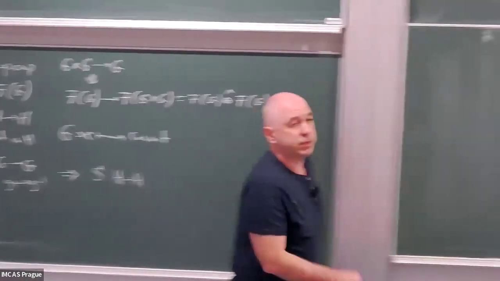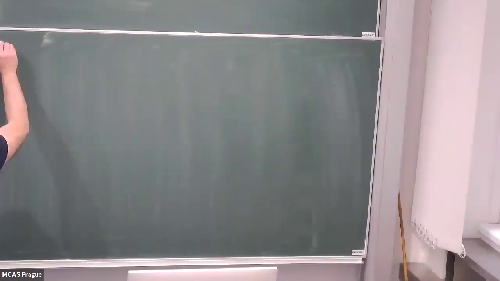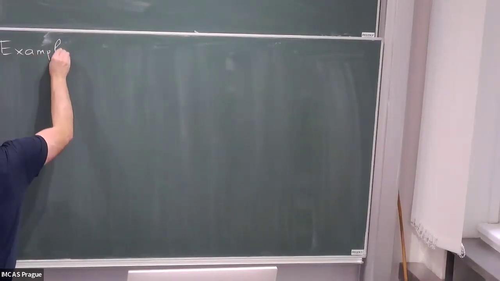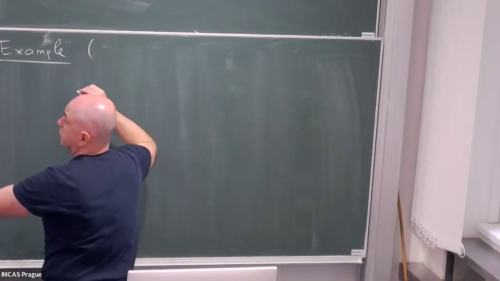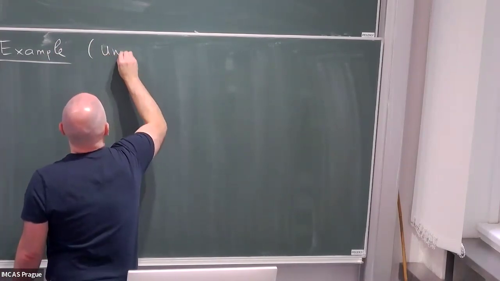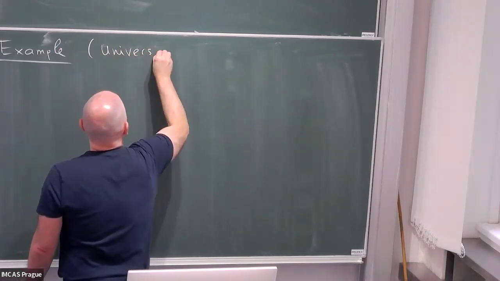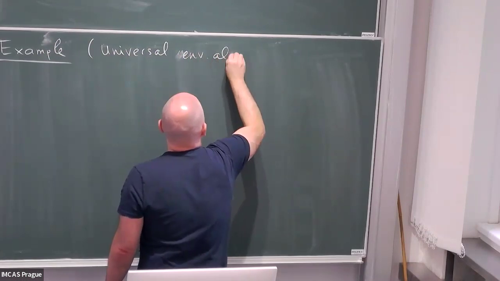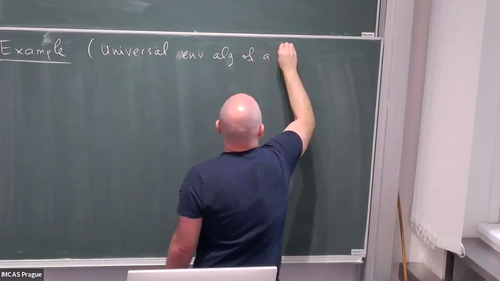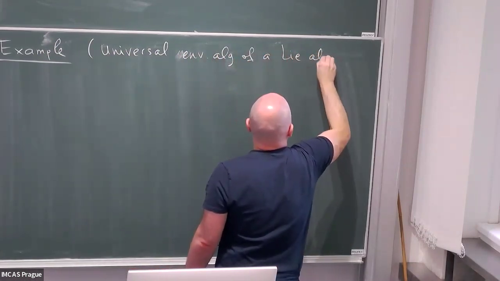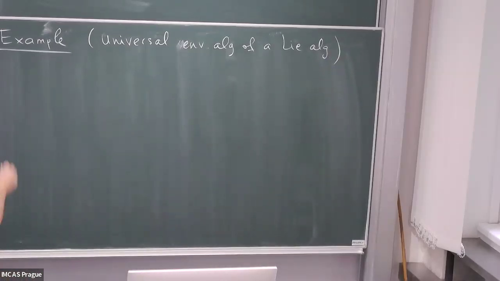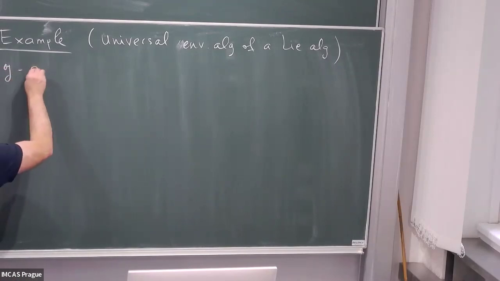Yes, and now I will give a good example, which is also very well known. And this example is called the universal enveloping algebra. Actually, it's related to a certain group. I will also tell this. It's the universal enveloping algebra of a Lie algebra. So suppose g is a Lie algebra.